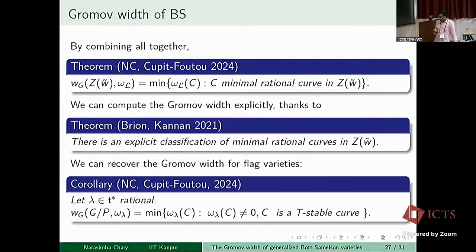Like you see here, this result we already knew before. For example, go back. Fang, Littelmann, and Pabiniak gave an upper bound and lower bound, and Kaveh gave an upper bound. But we can also recover this one by our result, because this is a T-stable curve passing through the generic point, so then we have an upper bound.